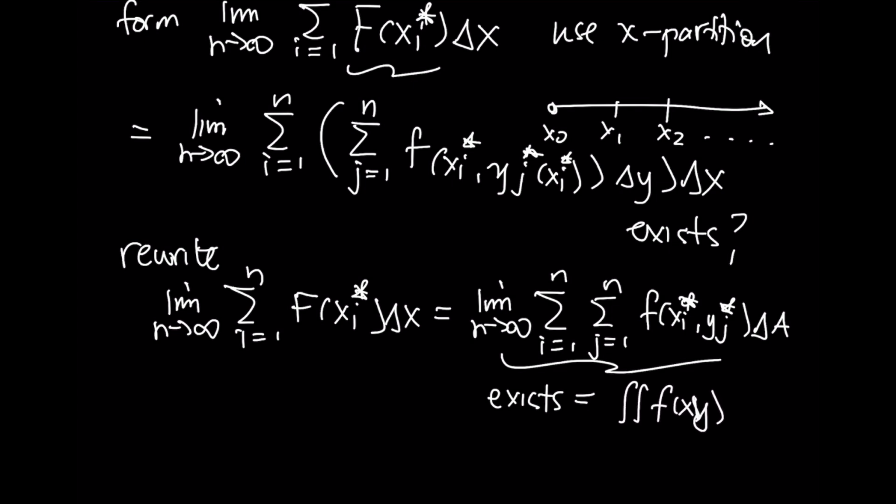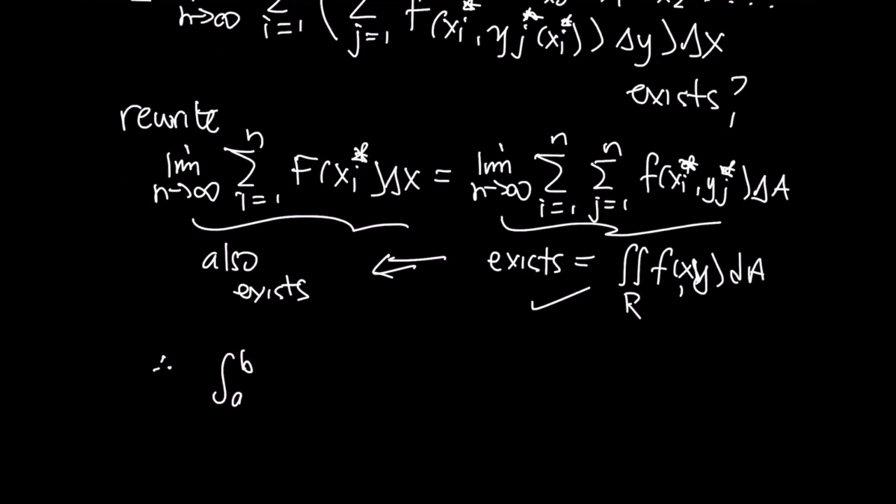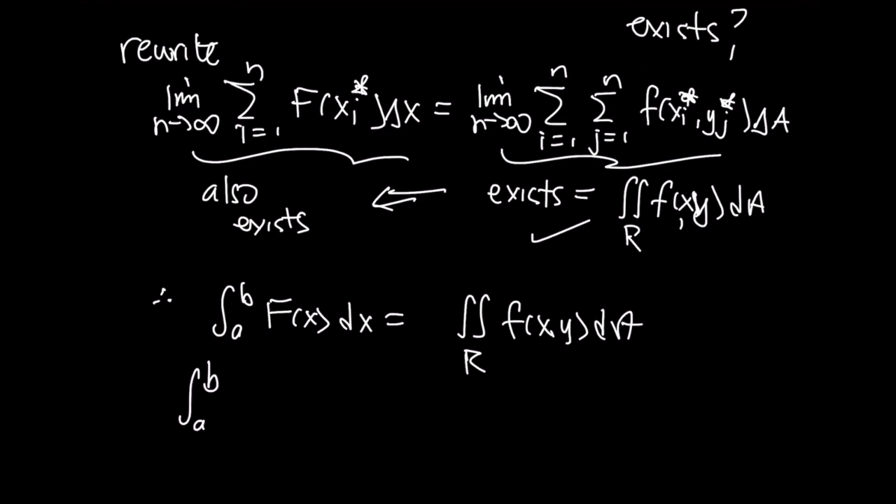So if this exists on the right-hand side, this also exists. My integral of this thing F of x dx has to be equal to this double integral, but just a moment ago, I defined that function capital F of x to be the partial integration of this function right here.